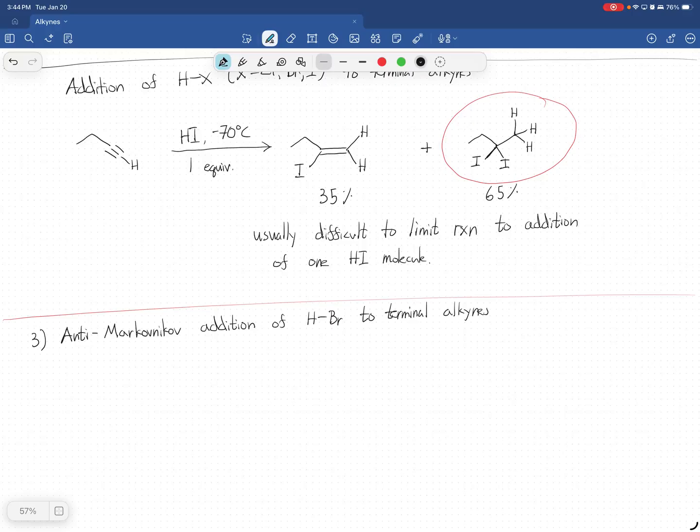So guys, mechanistically, don't worry about this one. Very similar to the ones we saw for alkenes, okay? So this only works for terminal alkynes. So we don't actually see this with internal alkynes. And we'll go over some reactions in a bit about the internal ones.